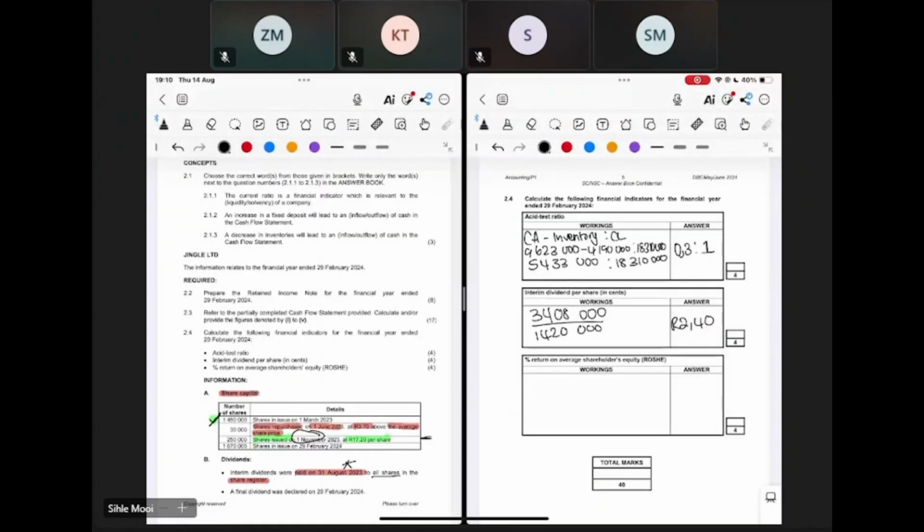What formula do we use for percentage return on the average shareholders' equity? What do we put at the top? What do we put at the bottom?